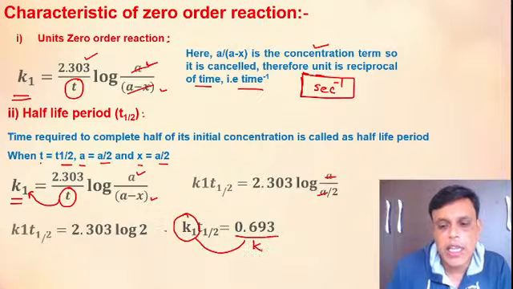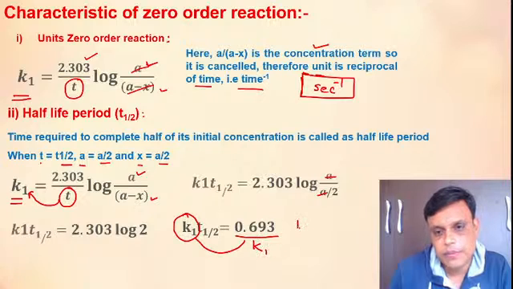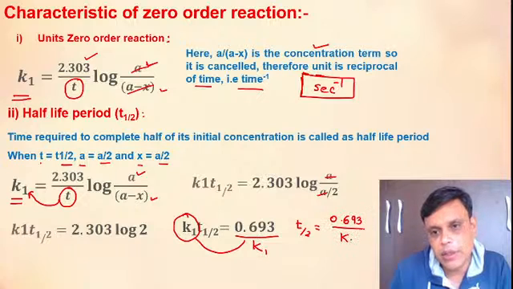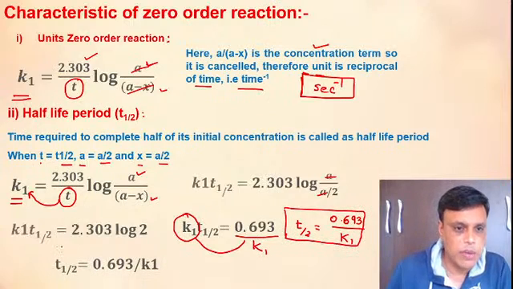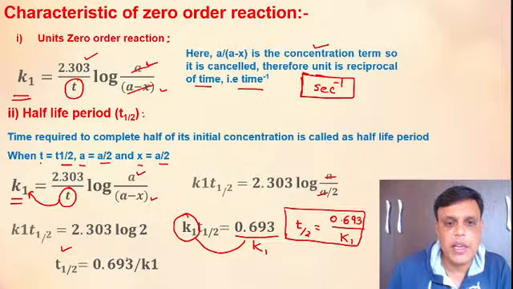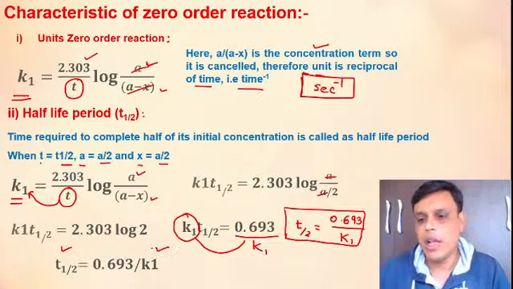So t half is equal to 0.693 divided by K1. This is your half life period. See here, this equation: t half is equal to 0.693 divided by K1. This is your half life period.